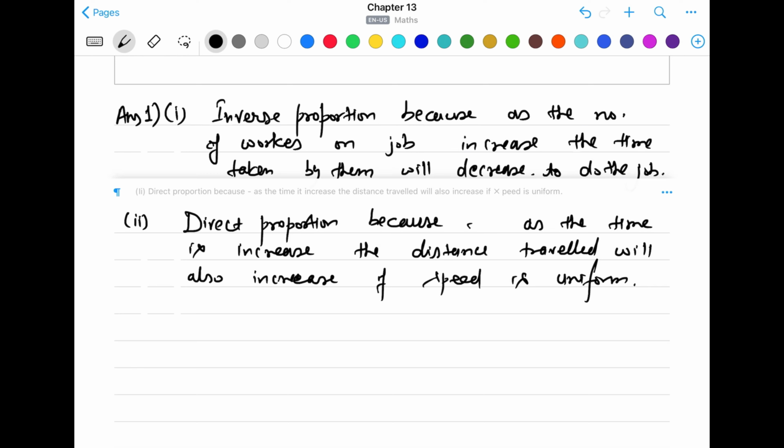So this is an example of direct proportion, because as we increase the time of the journey, the distance traveled will also increase if the speed remains unchanged.